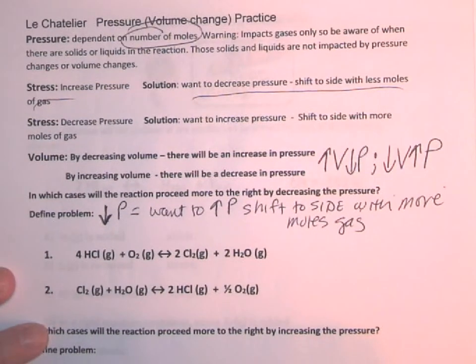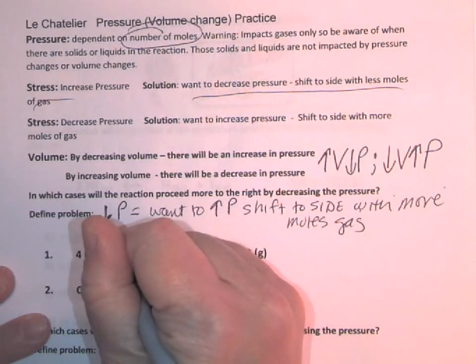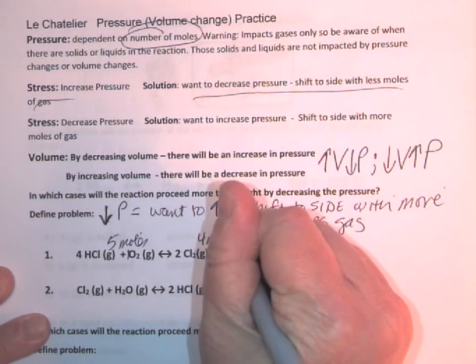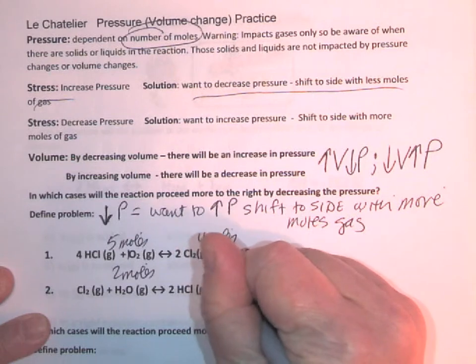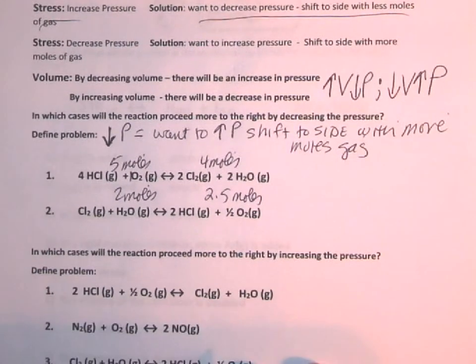All right, so what I'm going to do is add these up. Don't forget there's ones in front of here. So this has 5 moles and 4 moles. As you count up how many moles you have of the gas, then I'm going to answer this question.